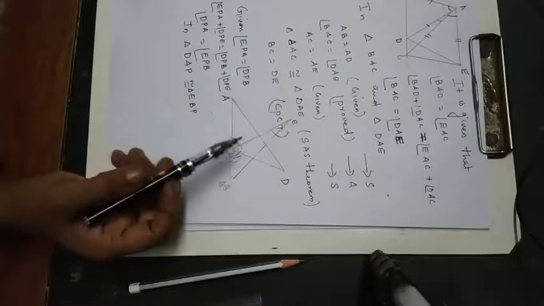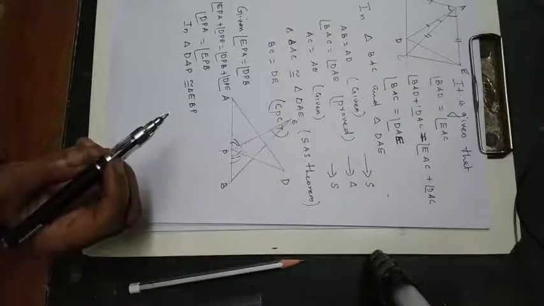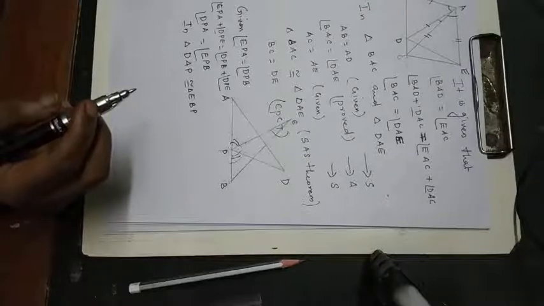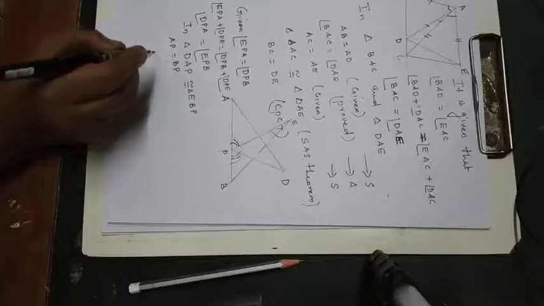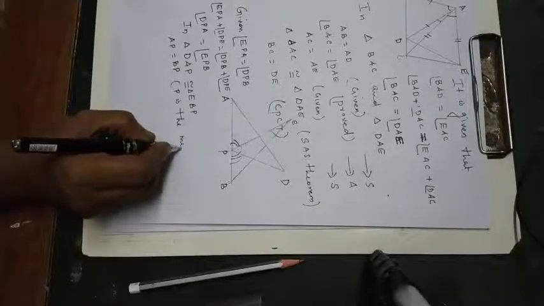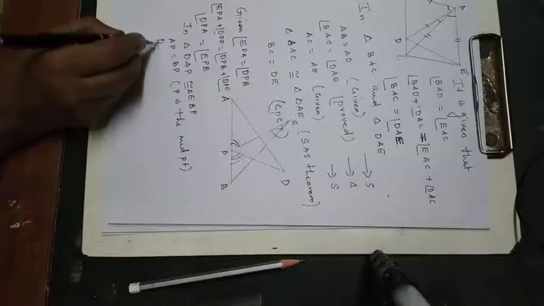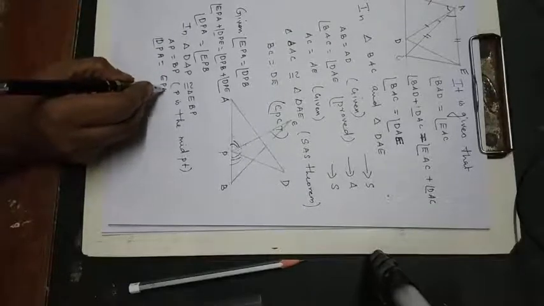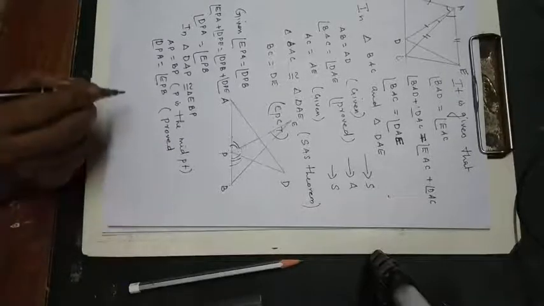So what are the given things? It is given that P is the midpoint of the line AB. Now AP will be equal to BP. The reason is P is the midpoint, that is given in the question itself. Now angle DPA is equal to EPB, that we have already proved, so you can write that proved.